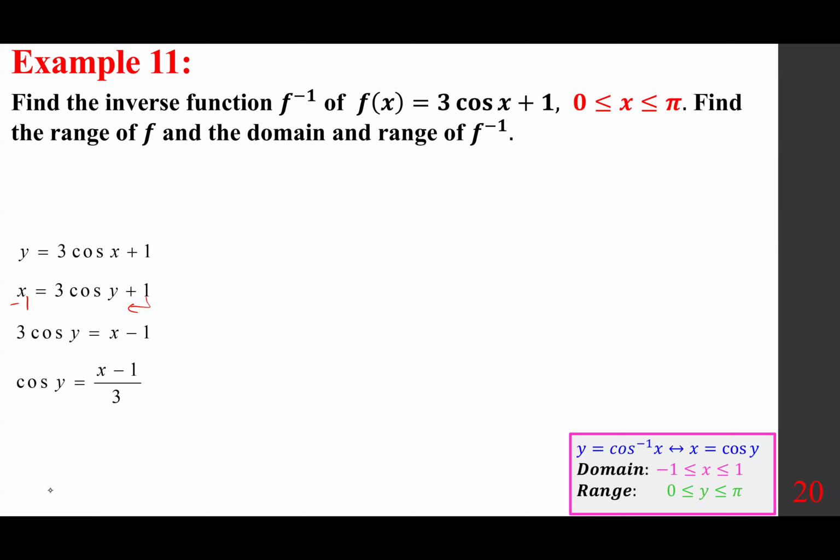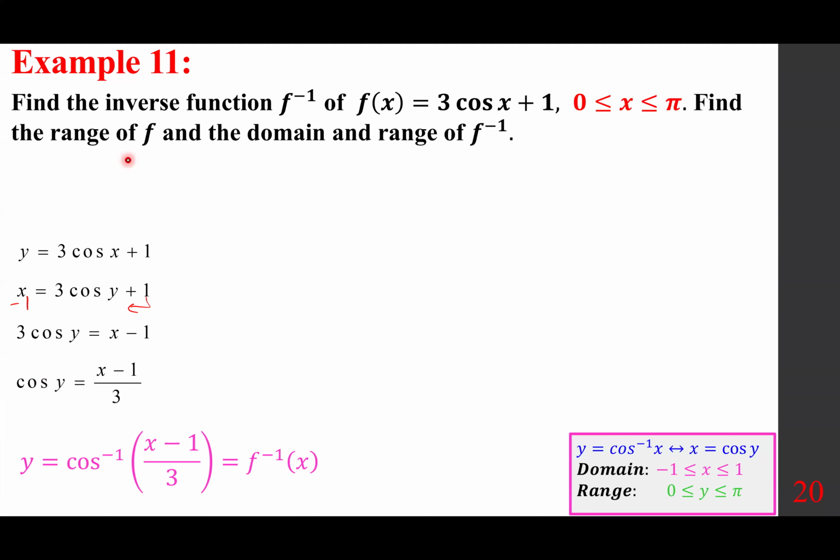And by definition of an inverse function, this means y is cosine inverse of x minus 1 over 3, which we also call f inverse. So we found the inverse. That's the main part. We are done with that.